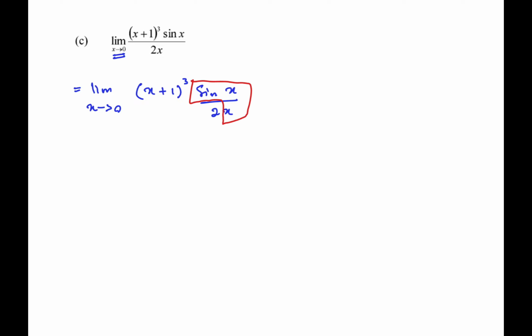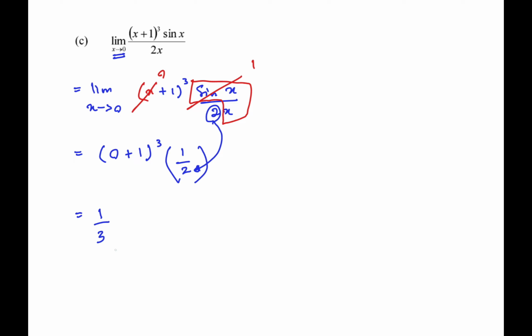In the other part, substitute 0, so we get (0 plus 1) cubed, which is 1, over 2. So we get 1 over 2 only. Sorry, 1 over 2 is the answer here.